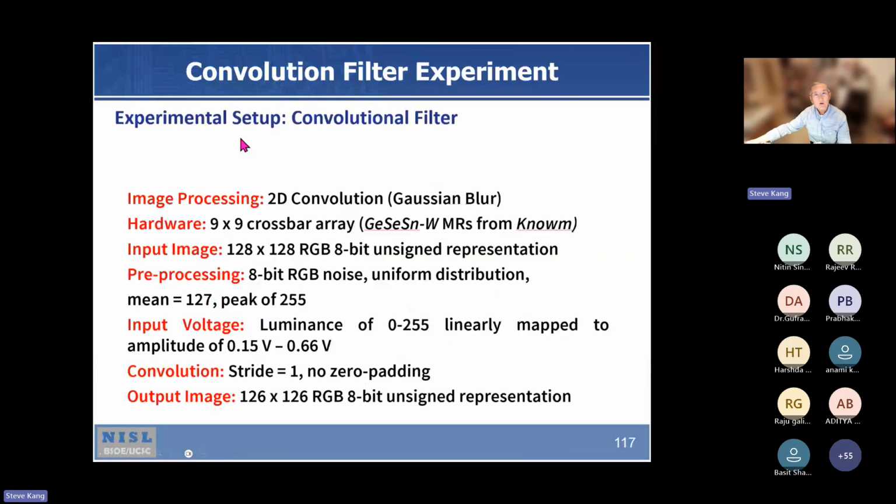Then you can do a convolutional filter experiment: image processing, 2D convolution, Gaussian blurring, with a hardware 9x9 crossbar array, and input 128 by 128 red, green, blue, 8-bit unsigned representation, with preprocessing. The input voltage luminance of 256 levels is linearly mapped to an amplitude of 0.15 to 0.66. Convolution gives an output image of 126 by 126.